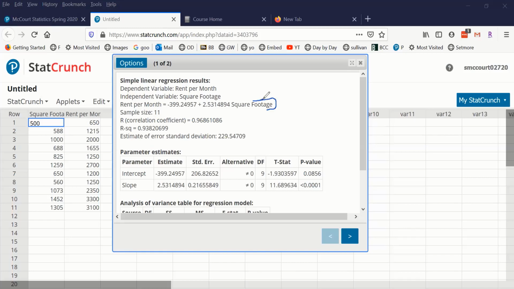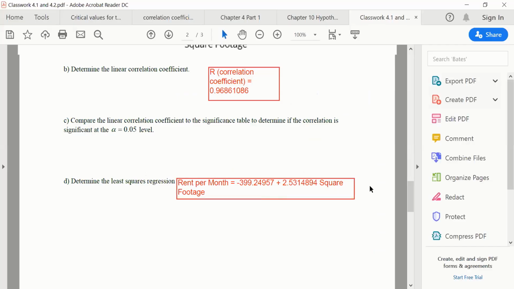Yeah, it's a long one. So this is the equation of the line. So I can copy and paste that. y-hat is equal to negative 399.24957 plus 2.53 times the square footage. Okay.